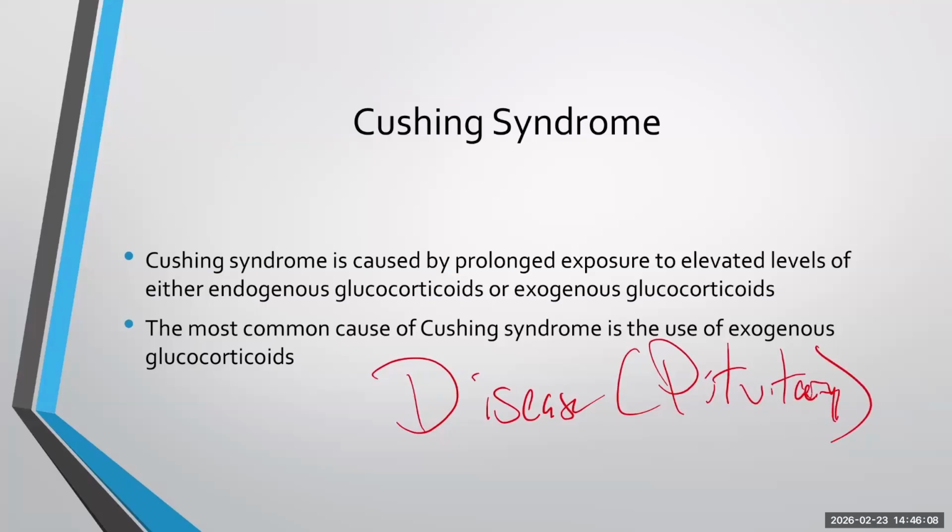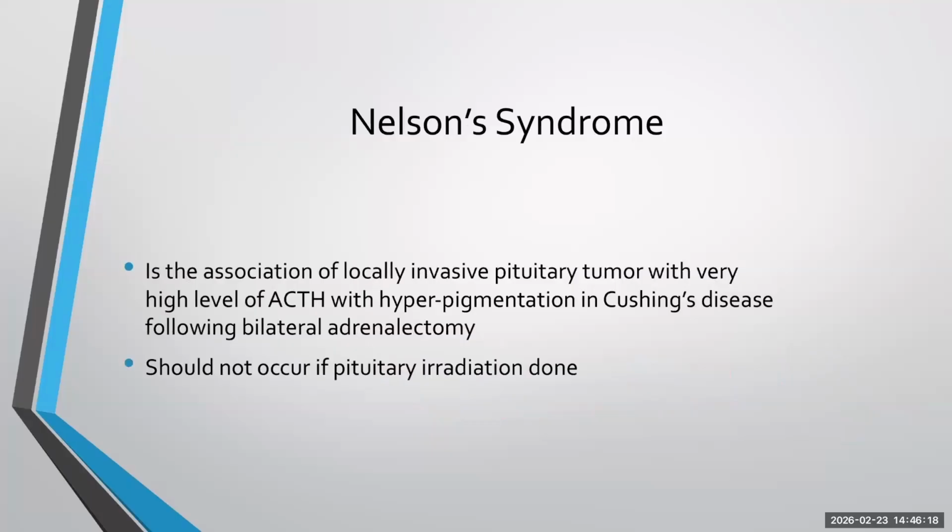So if I say Cushing's disease, it's a pituitary problem. If it's Cushing's syndrome, it could be a bunch of other issues that we'll deal with next week. Nelson syndrome is an invasive pituitary tumor, with high-level ACTH. So they're going to get hyperpigmentation in Cushing's disease, usually following a bilateral adrenalectomy.